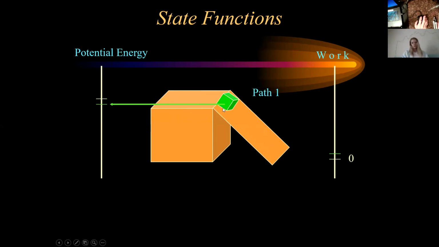Now, the ramp has friction on it. And so as the box is lowered, the potential energy is going to go down because I'm going from this level to something smaller. So the gravitational potential energy would go down. It would be doing work against this frictional force. So there would be some work done.